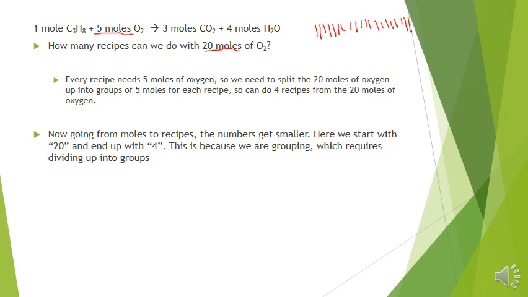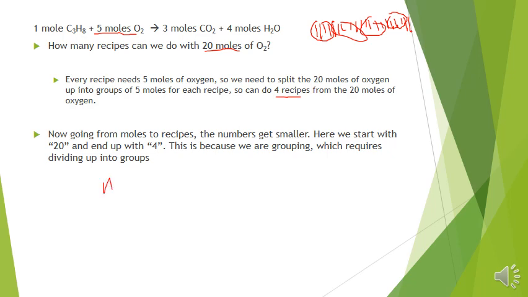Every time I do this reaction, I need 5 oxygen. So what I'm going to do is divide this 20 into groups of 5. There's 1 group, 2 groups, 3 groups, and 4 groups. So you divide the 20 moles into groups of 5, and you end up with 4 recipes.